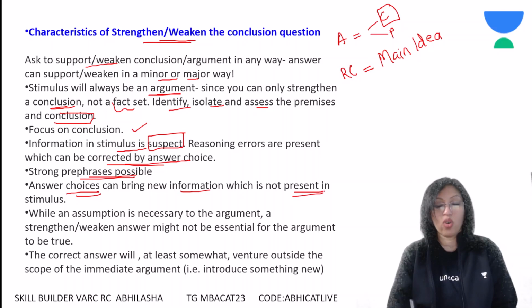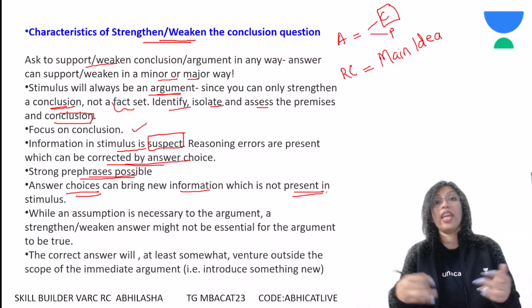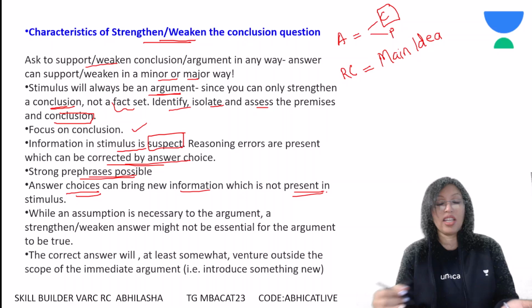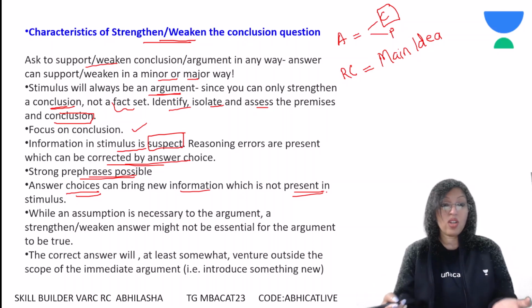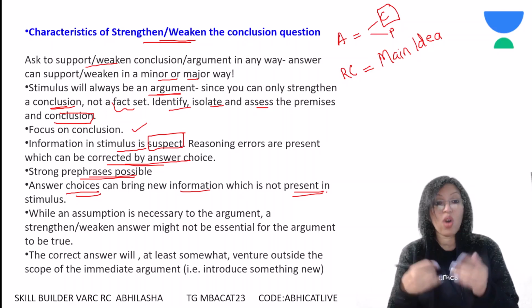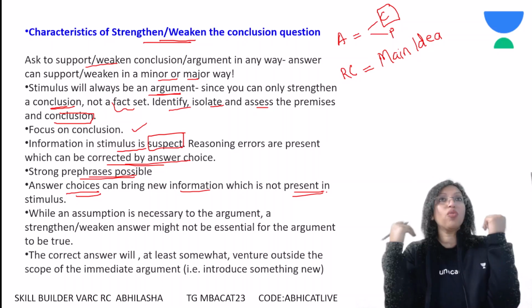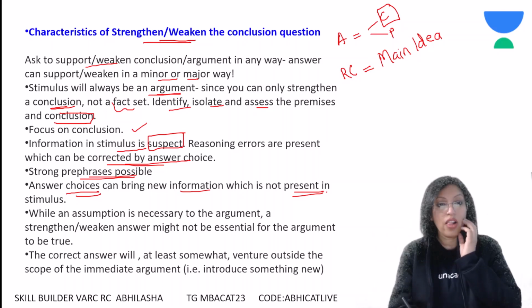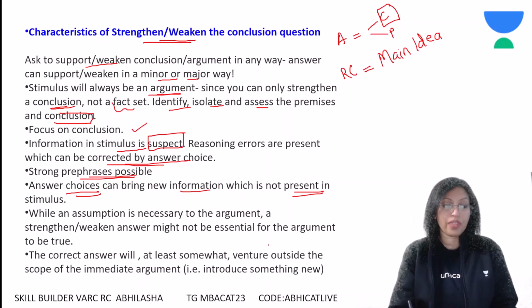That's perfectly okay, because the answer choice is an assumption, therefore it may assume anything. The question says which of the following, if true, would strengthen, if true, would weaken. So it does not have to be necessarily true or given in the passage, but if it were true, what would it do to the conclusion or to the argument? So the answer choices may have new information and that's perfectly okay.